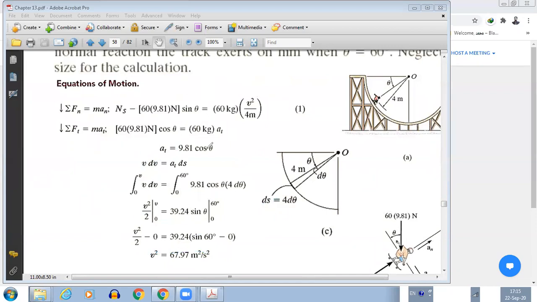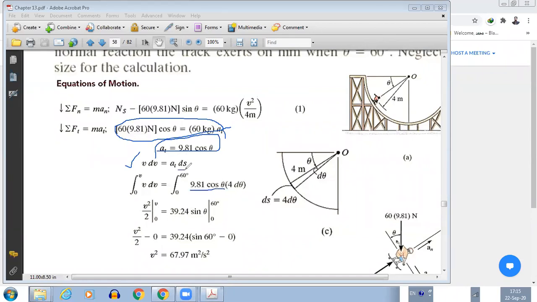Once again, we have one equation where AT is a function of theta, so we get AT equals 9.81 cos theta. Now we can use V dV equals AT ds, and we can put AT as a function of theta.